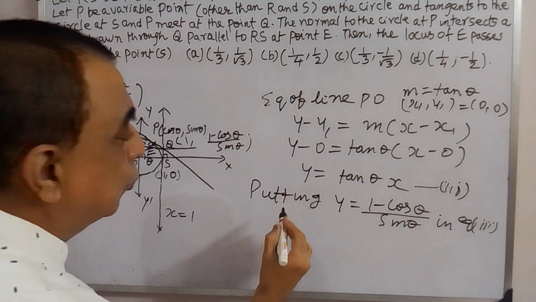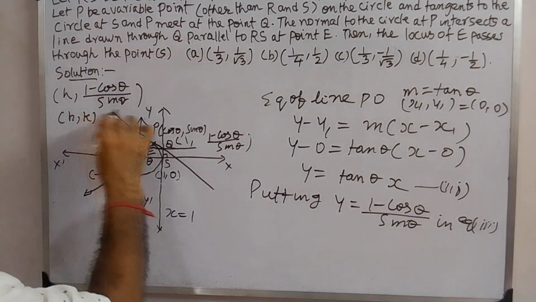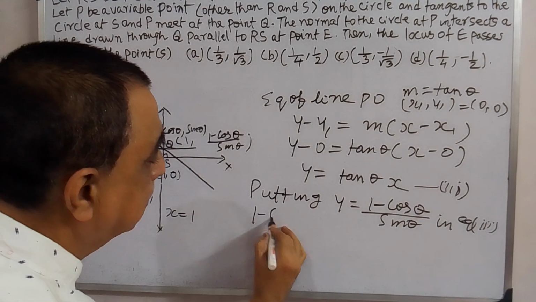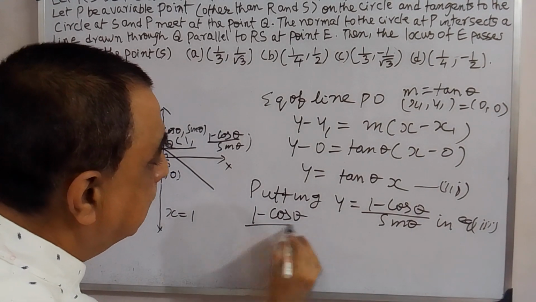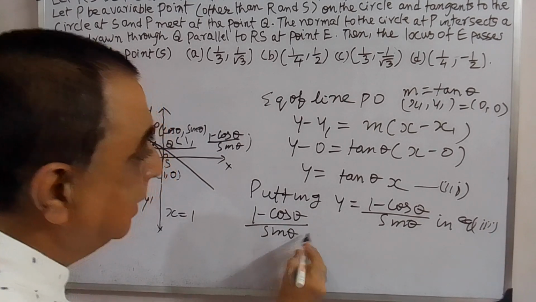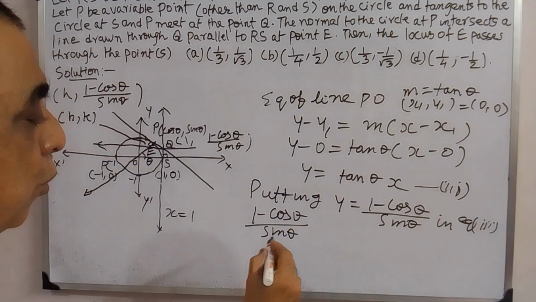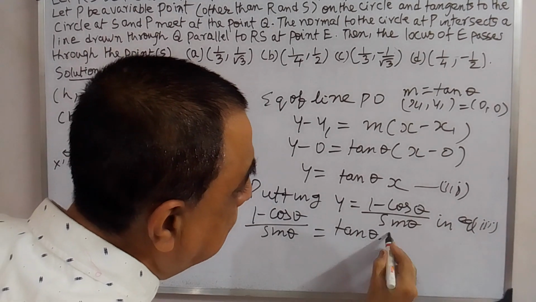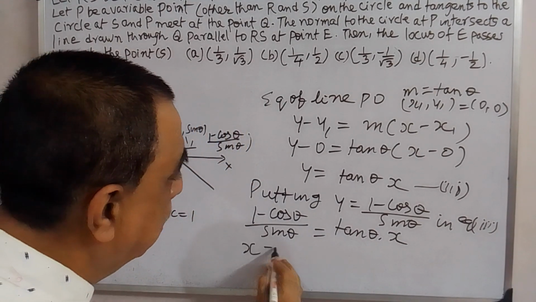From here I will get the coordinate of x. Because the y coordinate is (1 minus cos theta) divided by sin theta, I put that here, which equals tan theta into x. So what will be the value of x?